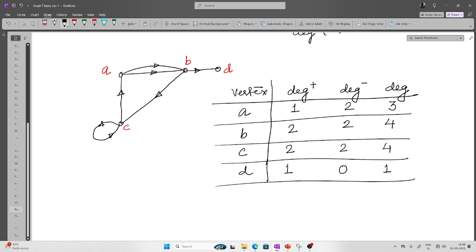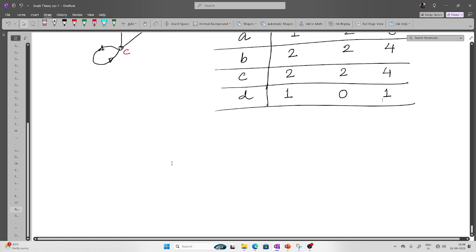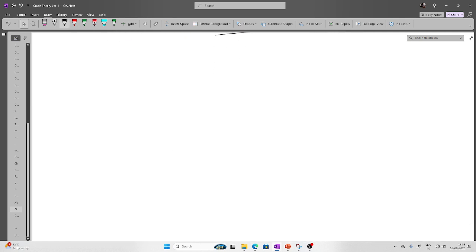Now let us take one more example to understand one more concept. So consider this graph.